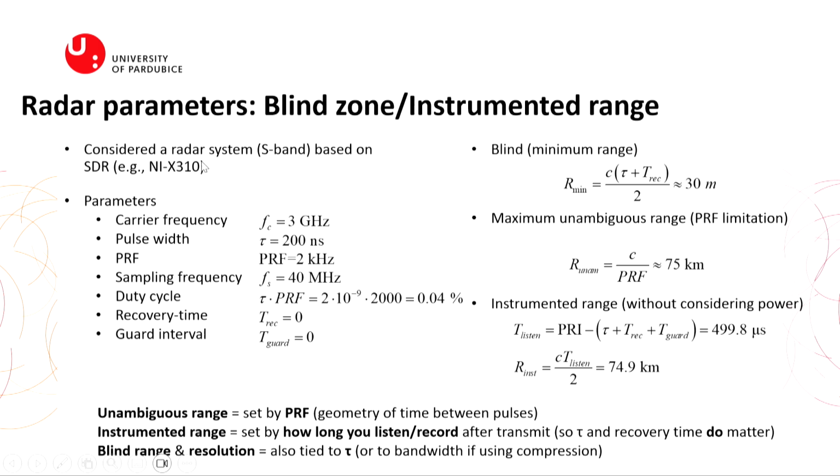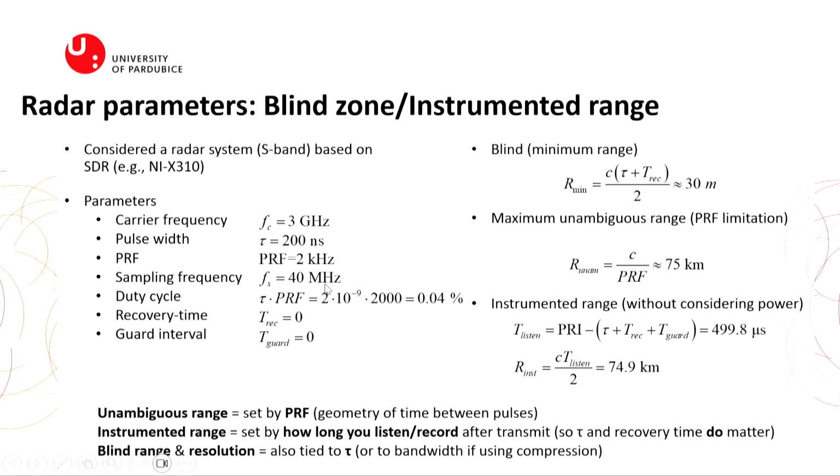I will show you all the details, the structure and block scheme, later when we design the measurement chain. What are the parameters of our measurement? Carrier frequency was 3 gigahertz, so wavelength is 3 centimeters. Pulse width is about 200 nanoseconds. PRF is 2 kilohertz, so the inverse value is the PRI in time.